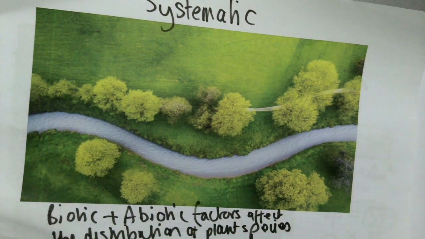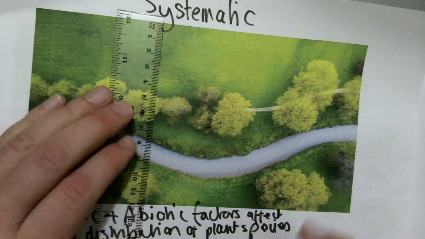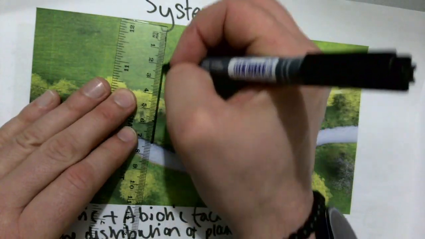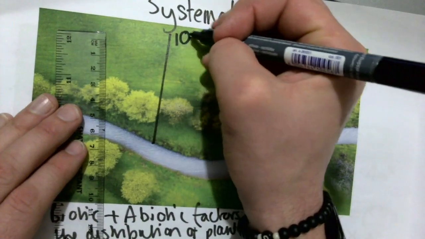So this time around, we get a tape measure, a meter tape that's about 30 meters long. And what we do, we have ourselves a little system. So we draw a line, and let's say that line is 10 meters.